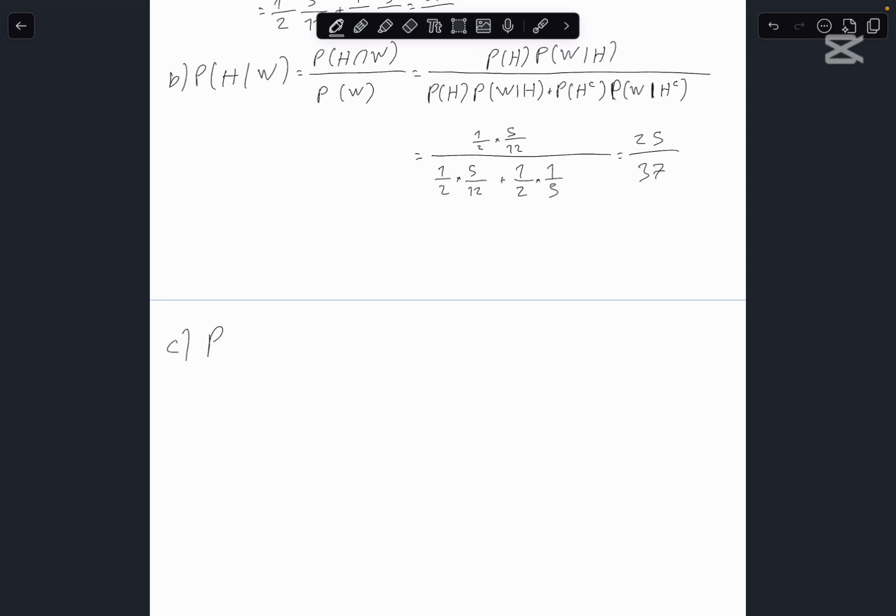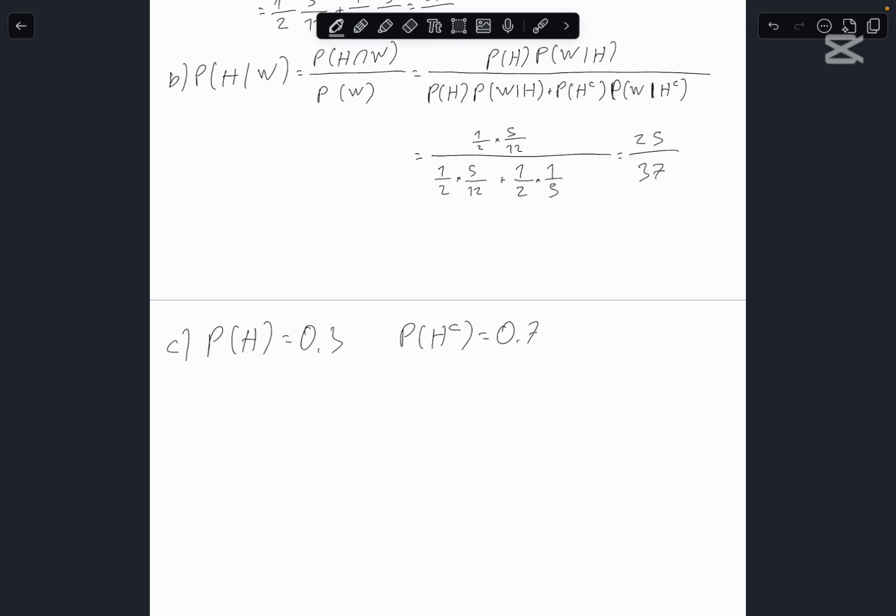So let's rewrite our probabilities. Probability of heads is 0.3 and probability of head complement is 0.7 this time.